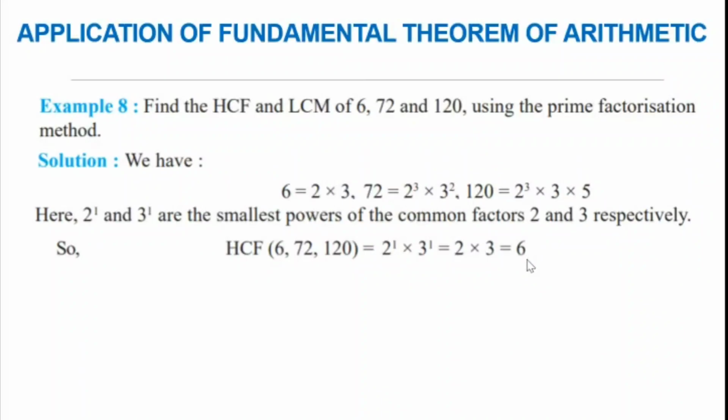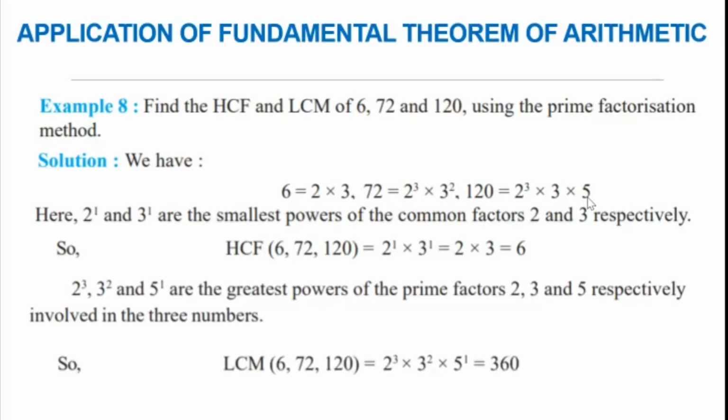While finding out the LCM, we take all the factors and we take their highest power and we multiply them. So in 6, 72 and 120, the factors are 2, 3 and 5. The highest power of 2 being 3, the highest power of 3 being 2, and the highest power of 5 being 1.